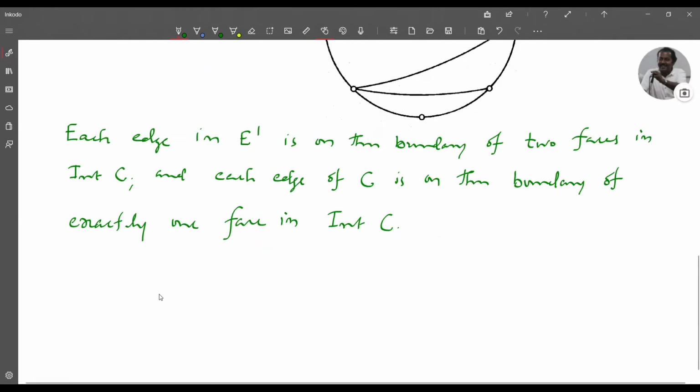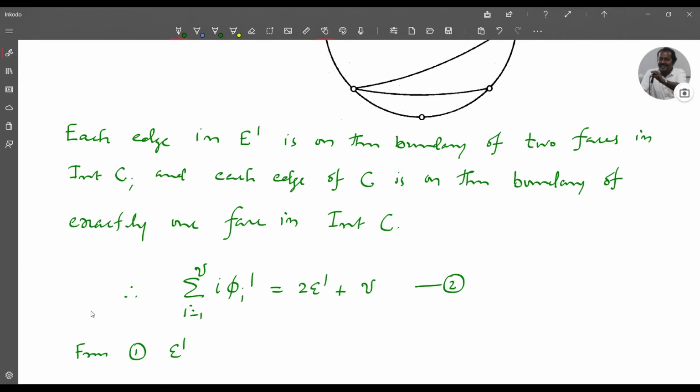Therefore, sigma i equals 1 to nu of i phi i dash equals 2 epsilon dash plus nu. This is equation 2. Take the earlier result as equation 1. Now from 1, epsilon dash is equal to sigma i equals 1 to nu of phi i dash minus 1.